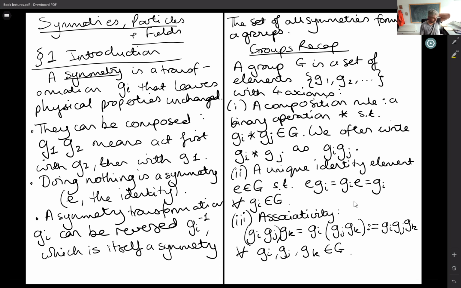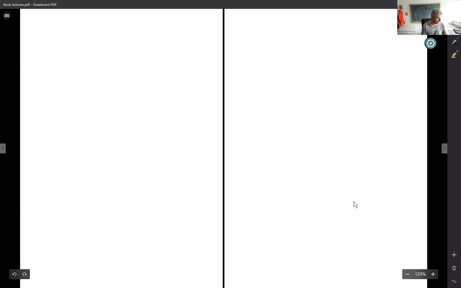Okay, so you may have seen some discrete finite groups. The finite refers to the number of elements in the set, the number of group elements. So let's give some examples of discrete finite groups.